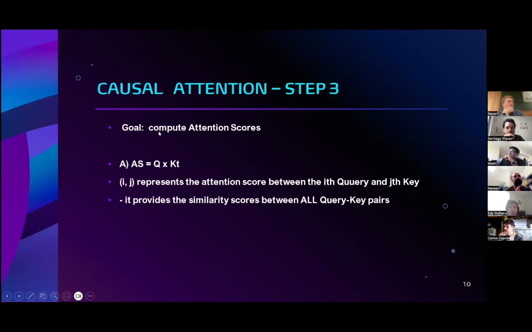Okay, so we also need to compute the attention score like we did in the previous two mechanisms, which is the multiplication between the query matrix and the key transposed matrix.